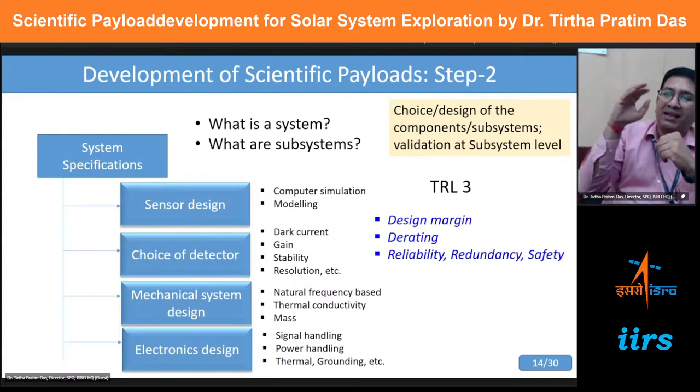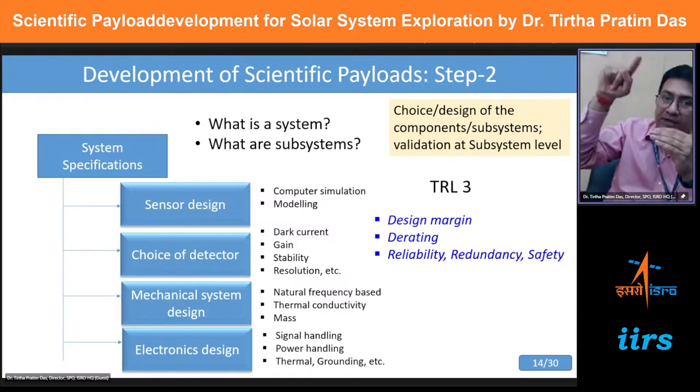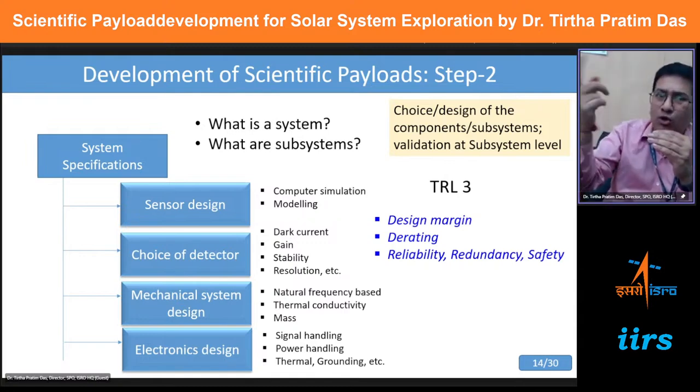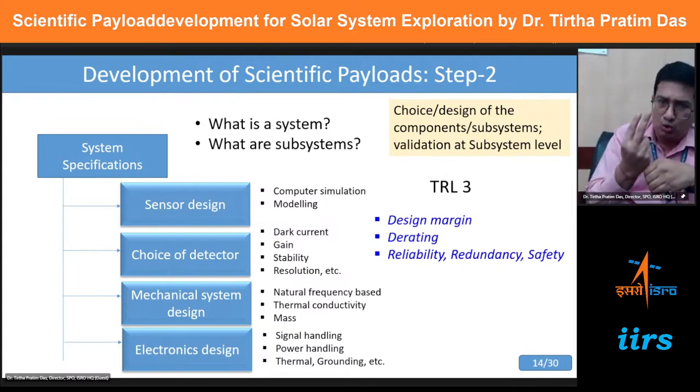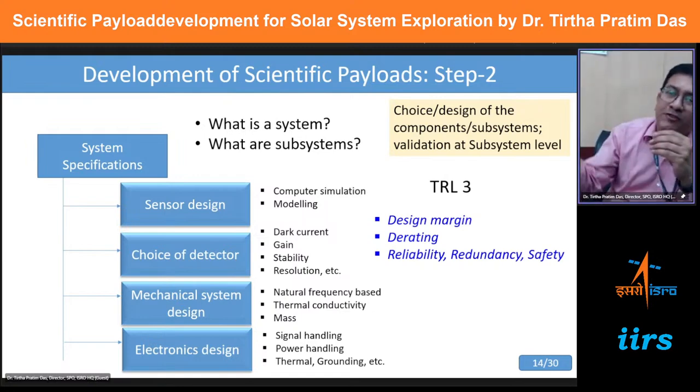Your design can handle much above that load. How much above? 1.5 times the load which is expected, 2 times the load which is expected. That ratio gives you the design margin: by what factor the load can be enhanced before your instrument fails.